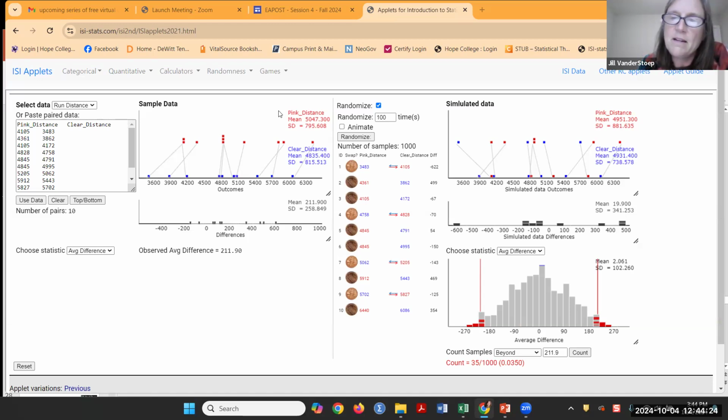But sometimes I just point out to them, hey, we've got a standard deviation of about 102 and a distribution centered at 0, so it's easy to count standard deviations. If I go up one standard deviation, I'm at about 102. If I go up another standard deviation, I'm at about 204. But I haven't gotten to my observed statistic yet. So if I go up one more, I'm at 306, which is way too high. So I know that I'm going to have a standardized statistic just a little higher than 2.